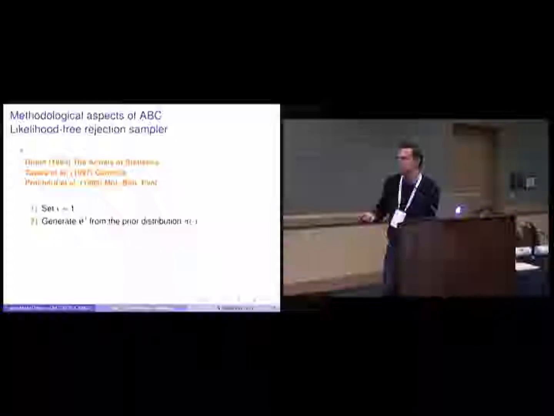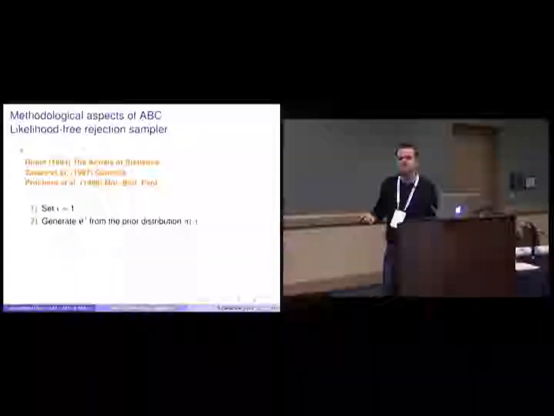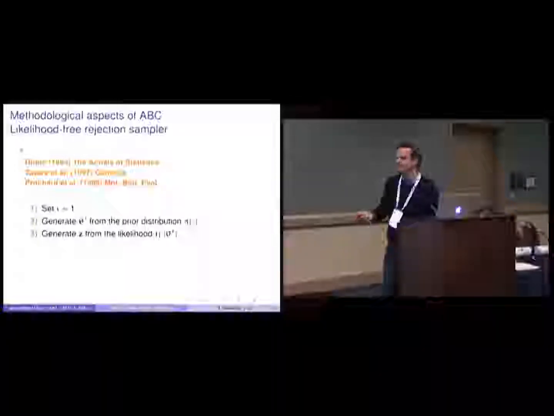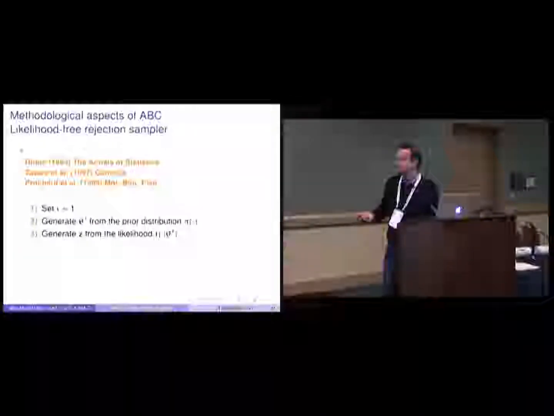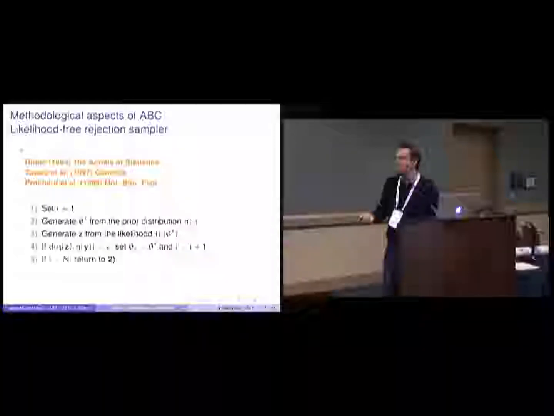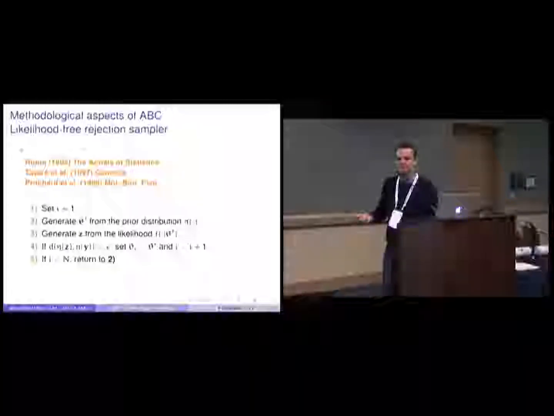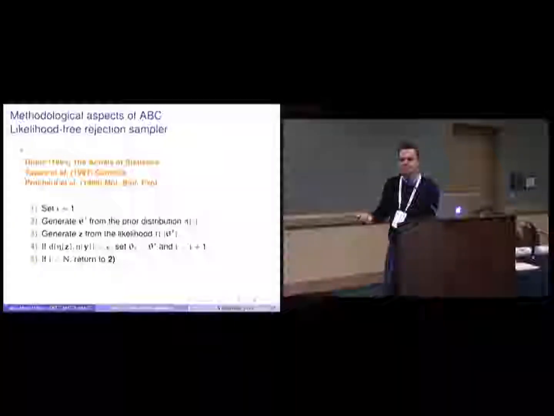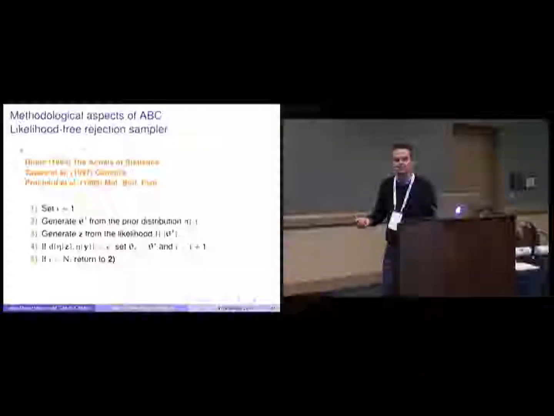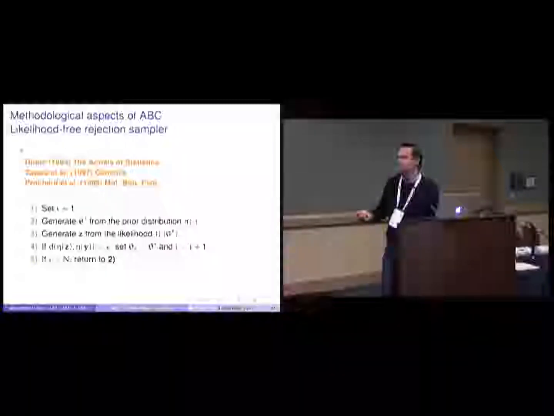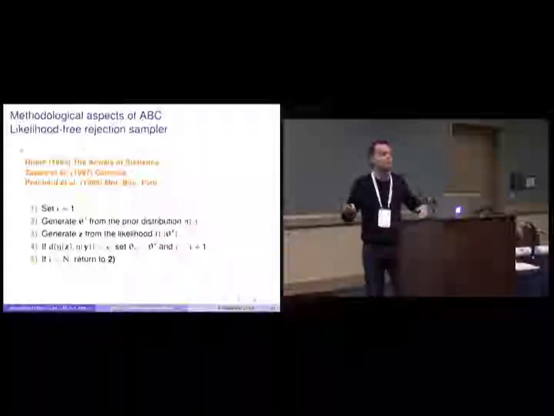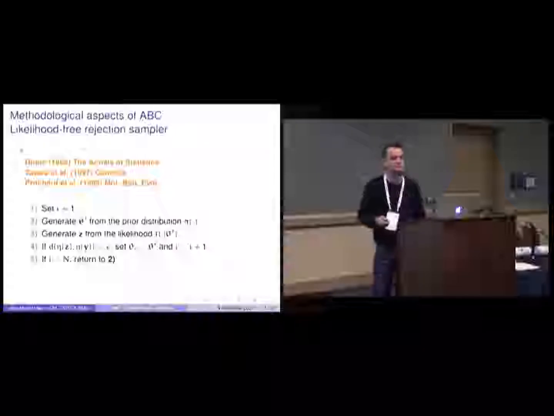You have a proper prior distribution, so you generate a parameter value from the prior, you generate a pseudo-observation coming from the model for the corresponding parameter value, and you compare this pseudo-observation to the observed using summary statistics coded by the function eta and a distance d, and if this distance is small enough, according to a threshold which is called epsilon, you say that the corresponding theta value is approximately distributed from the posterior distribution.